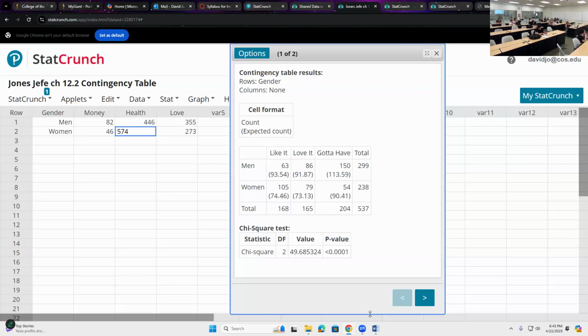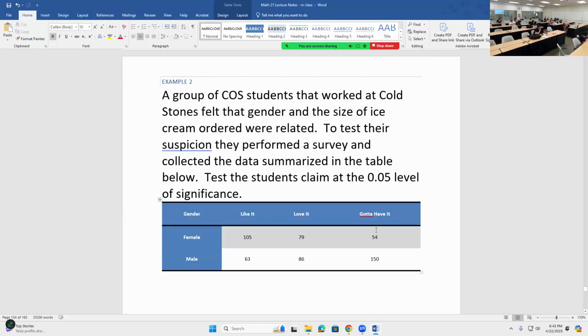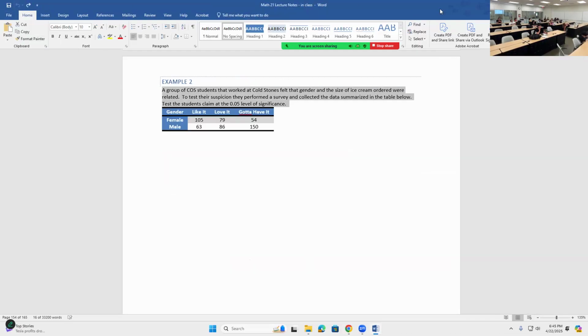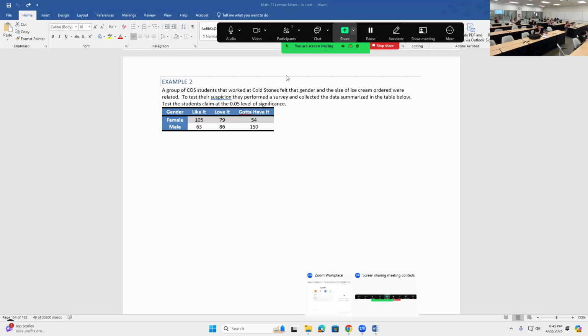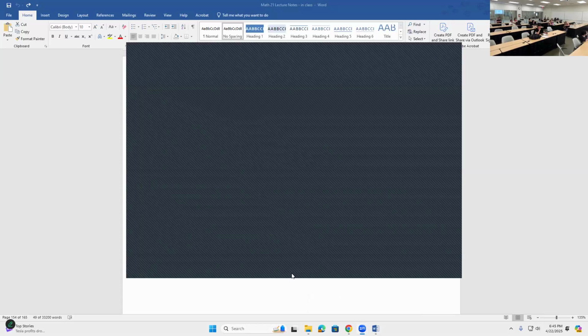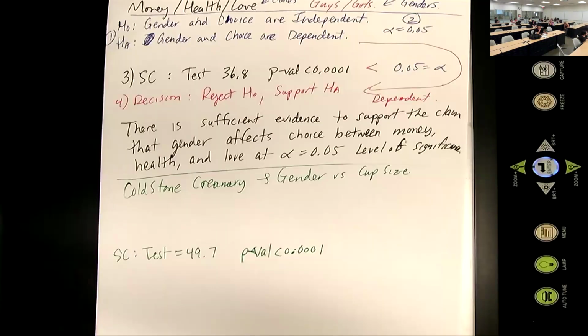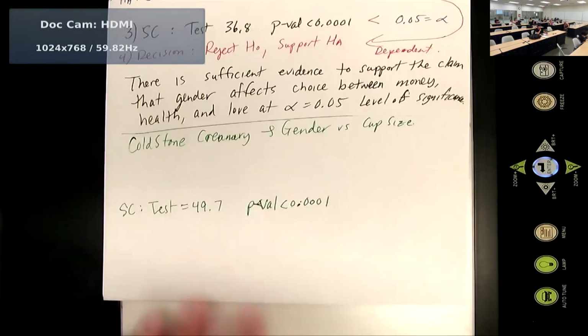We have a StatCrunch value of 49.7, and a p-value that is less than 0.0001. What was my alpha? 0.05. We'll go back over and finish our hypothesis test.